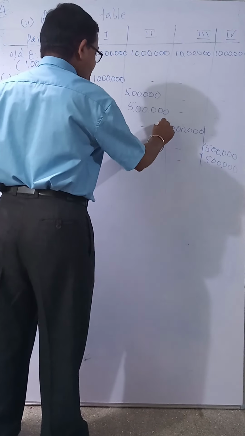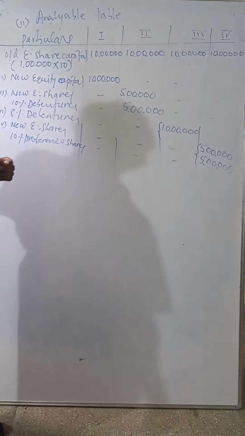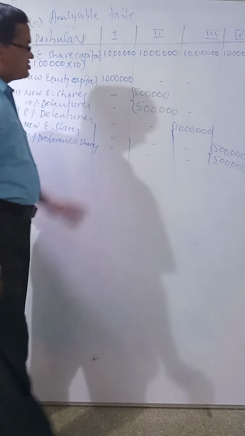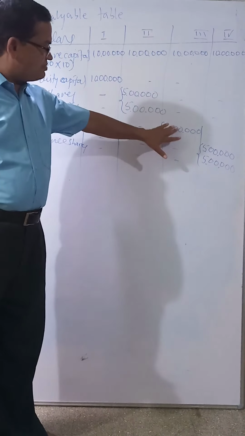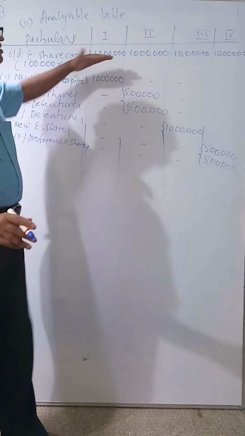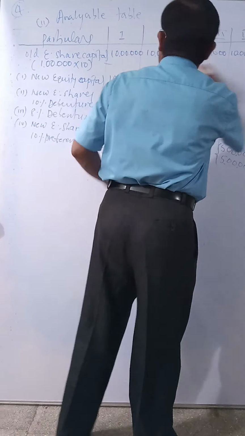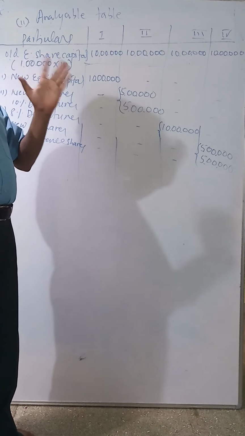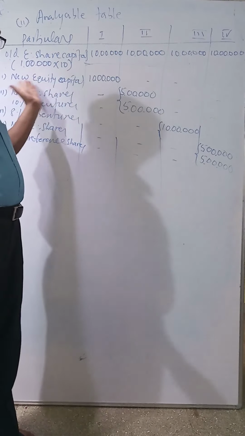This is the 10 lakh in debentures. Next one is 5 lakh in equity shares and 5 lakh in debentures. 5 plus 5 is 10, this is common. There is no need for the old equity share capital here. In the first plan, the company raises another 10 lakh through equity shares.